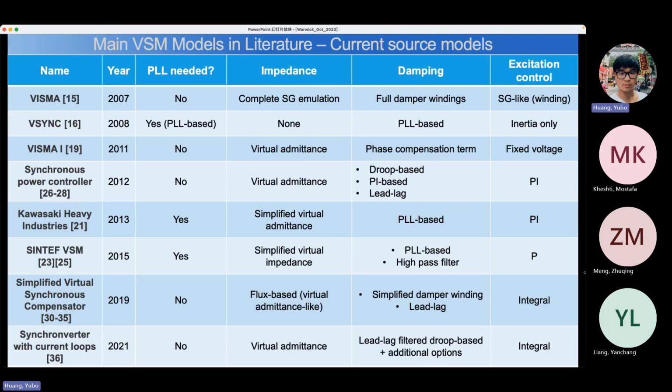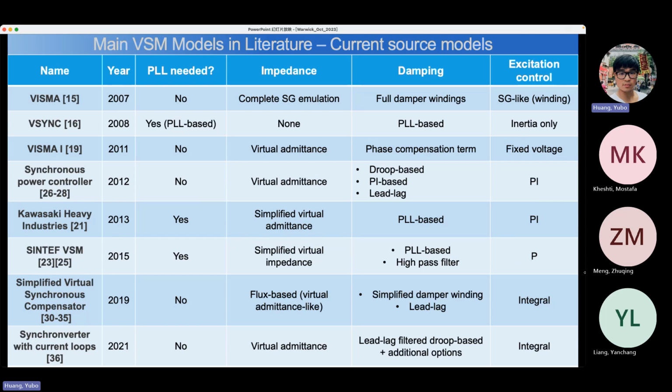Then we have other VISMA and other VSYNC. You have the Kawasaki Heavy Industries VSM. You have the SINTEF VSM. So there is a zoo of various types of VSM that exist. And of course, I will tell you that ours is the best.